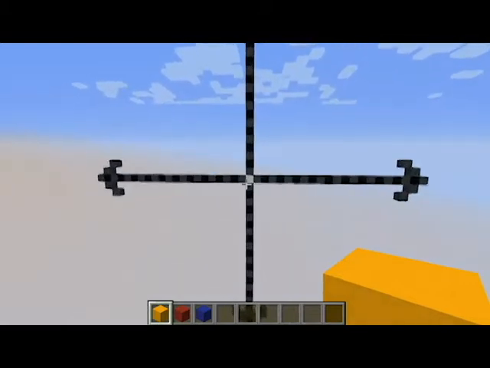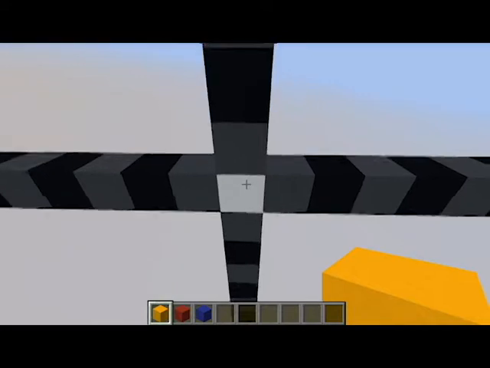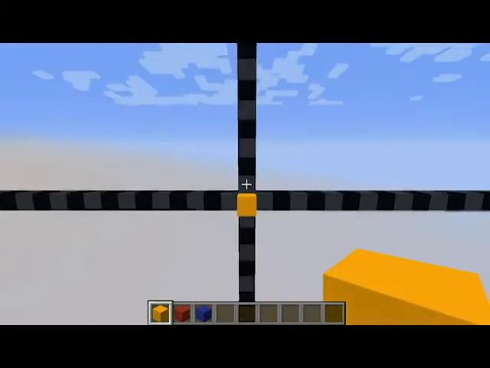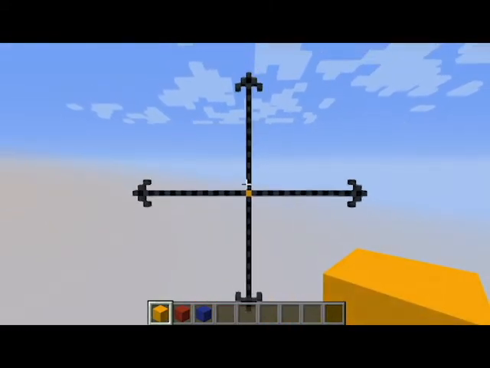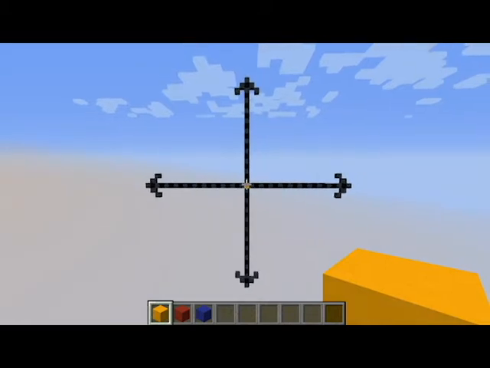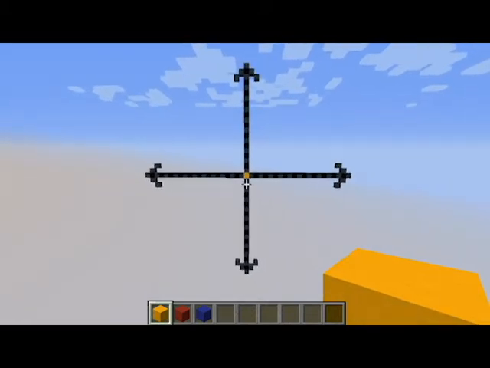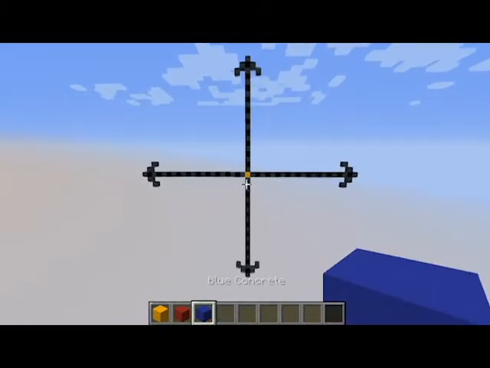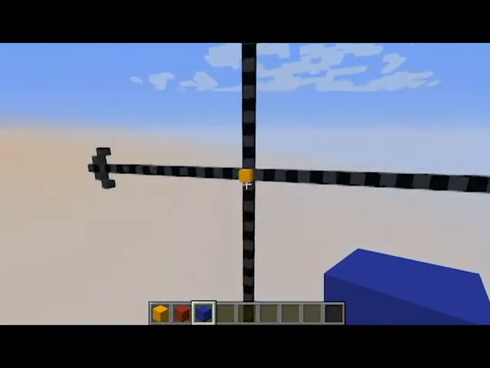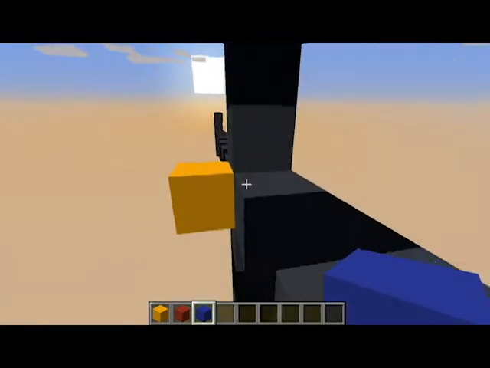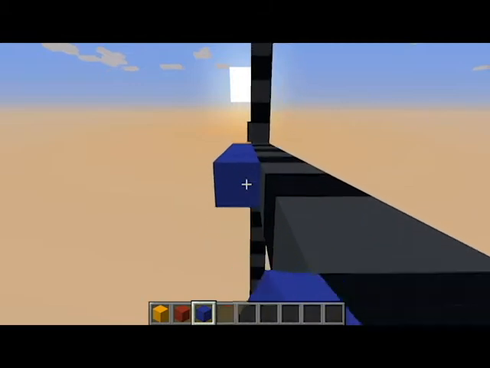So, if I come in with this yellow concrete, I can label what's called the origin. This is the very center block. It's what's known as 0, 0. I can also label my x-axis with the blue concrete. This is what runs horizontal, traditionally.